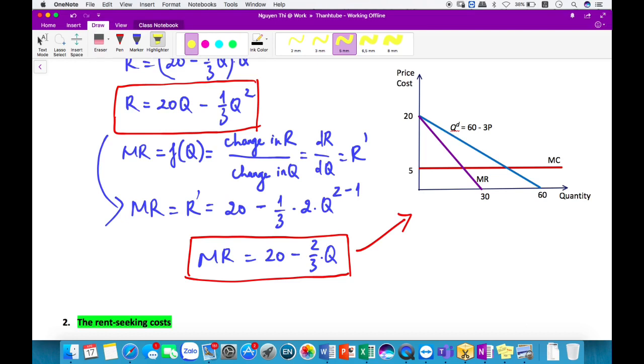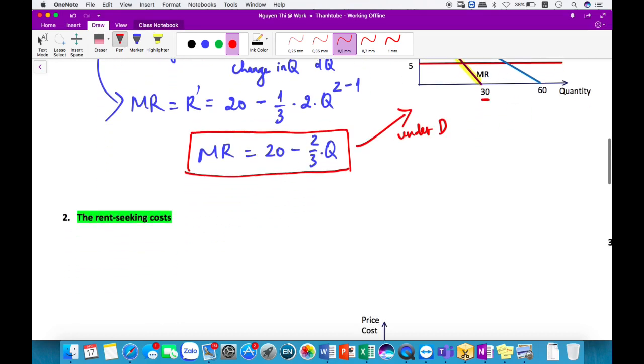It will be this purple line, which lies under the demand curve and intersects the bottom axis at the midpoint. Let's move to our next question.